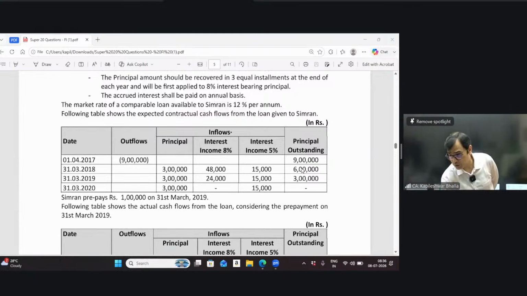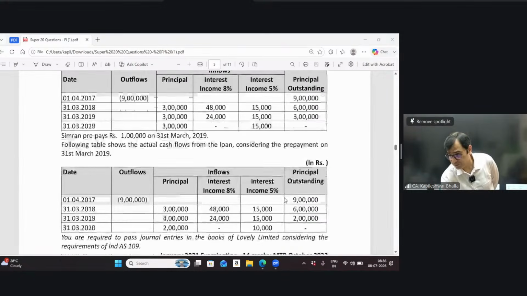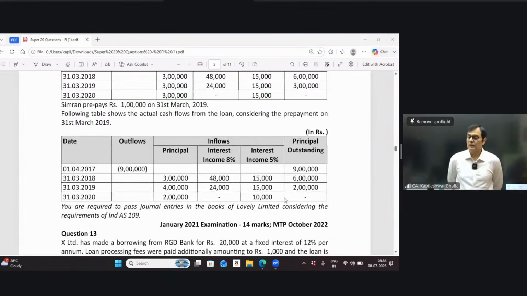Following this, the actual cash flows after the prepayment have undergone a change. Instead of 3 lakhs each year, it becomes 3, 4, and 2, because 1 lakh extra payment is made at the end of the second year. Accordingly, the interest calculations have undergone a change. You are required to put entries in the books of Lovely considering the requirements of Ind AS 109.